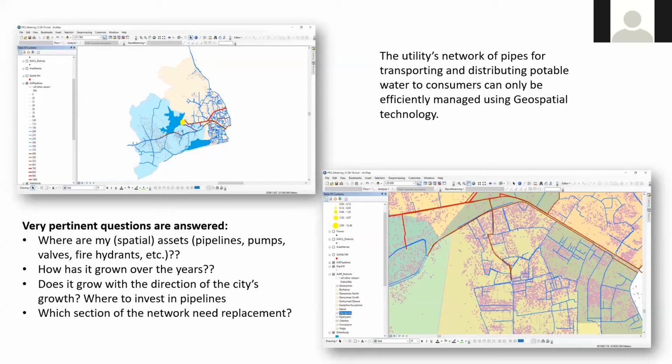Gradually we expanded from the Accra regions, and I can confidently say that now we have GIS presence across the country in all of our administrative regions as we speak. So this was one of the first things that we had to overcome, trying to build the spatial asset database.